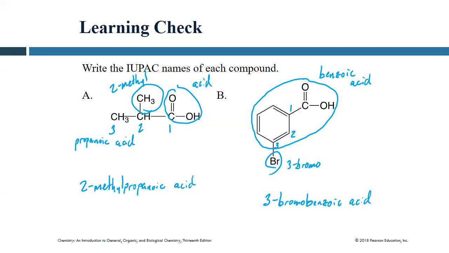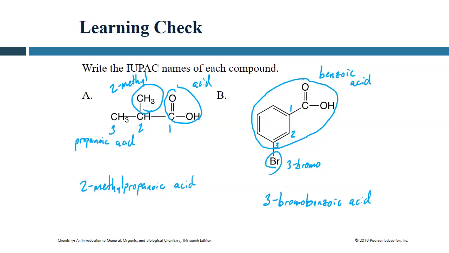So 2-methyl propanoic acid would have been the correct IUPAC name. Now, if you were asked for a common name, 2-methyl propionic acid would have been acceptable there. The common name system is pretty much exactly the same other than just how we named the base.